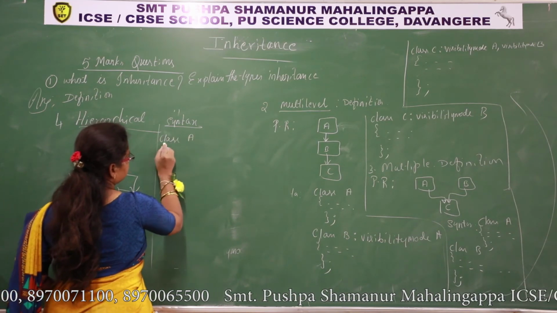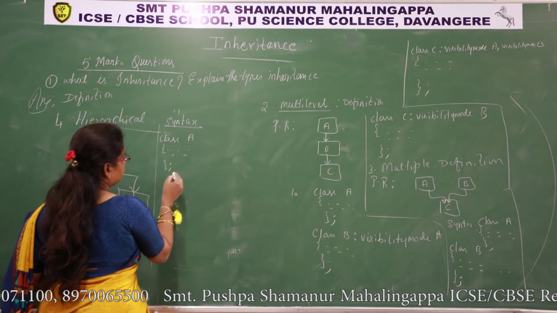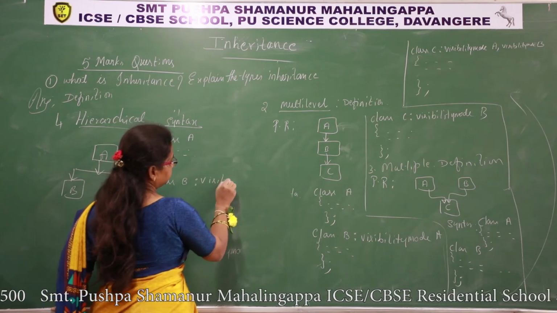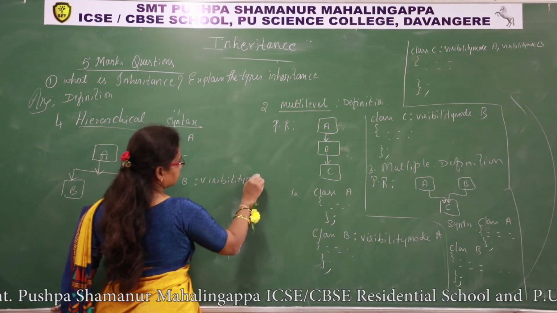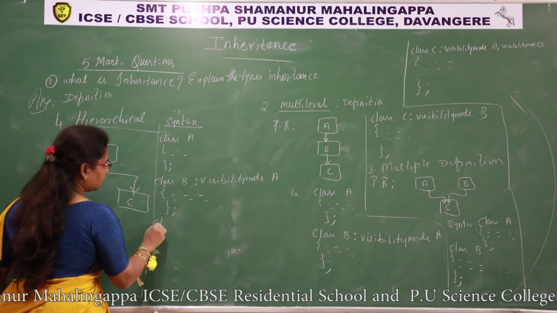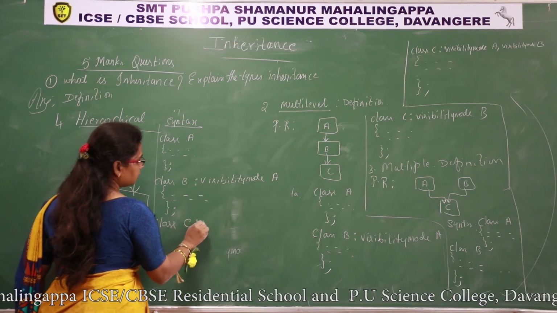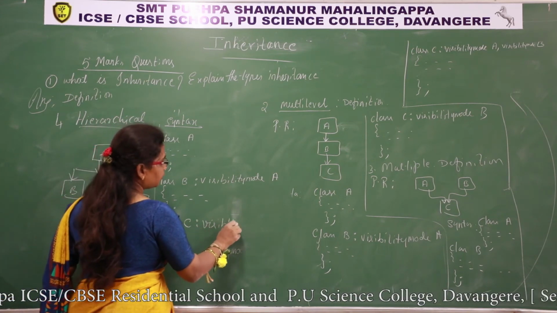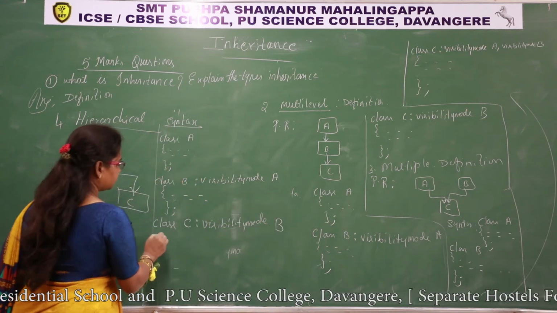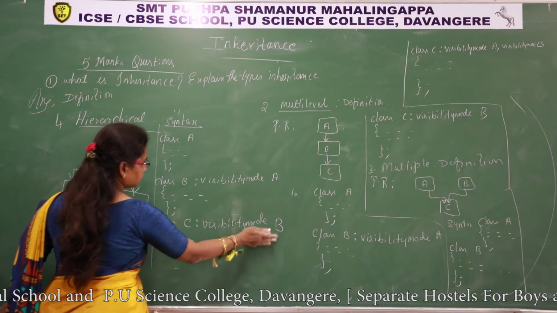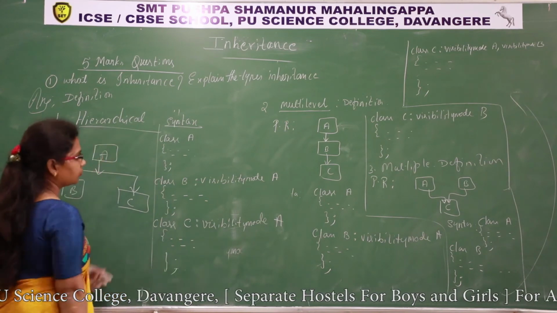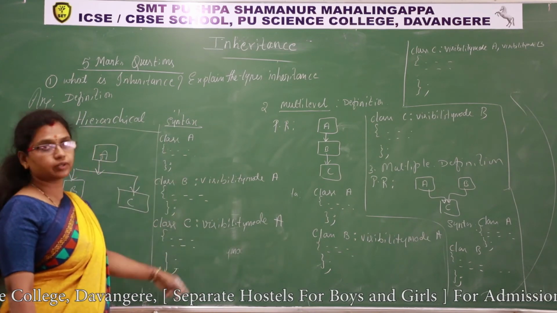Class A, class B colon visibility mode A, class C colon visibility mode, sorry, A. B is derived from A, C is also derived from A.